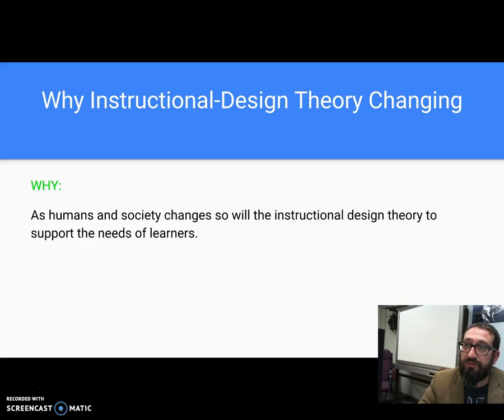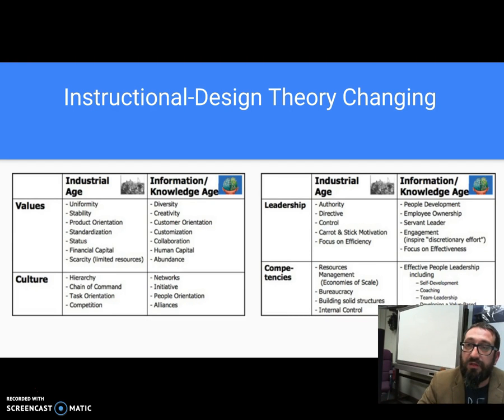Why is instructional design theory changing? Because as humans and society change, so will the instructional design theory to support the needs of learners. Here are some ways that the instructional design theory needs to change. We are transforming from the industrial age and slipping right into the information or knowledge age.